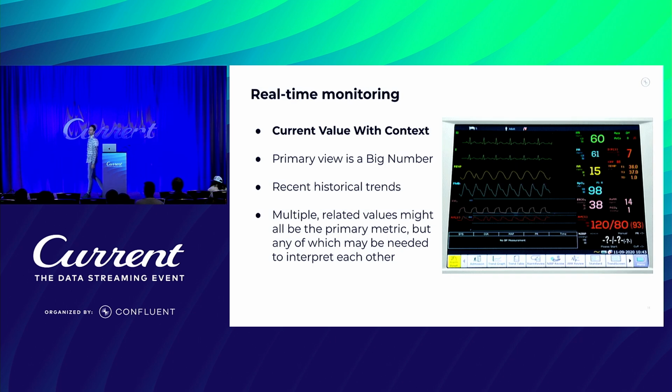Another real-time data visualization use case, which I hope people are familiar with, I hope you're not too familiar with it, because it would imply that, I guess everybody's probably been in a hospital room at some point, is the classic health monitoring machine in an ICU or other hospital.